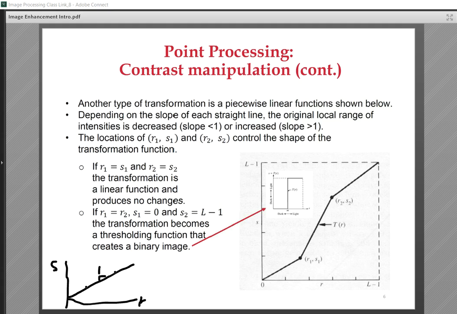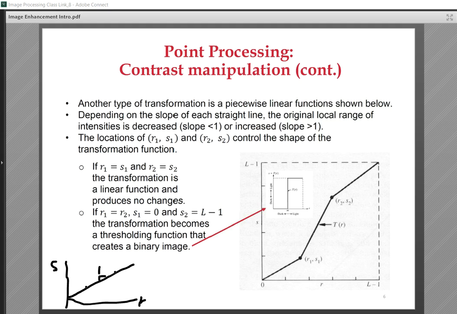But for example, if R1 is R2, that means this is one point, not two points, for the horizontal level. And S1 is 0 and S2 is the maximum, L minus 1.